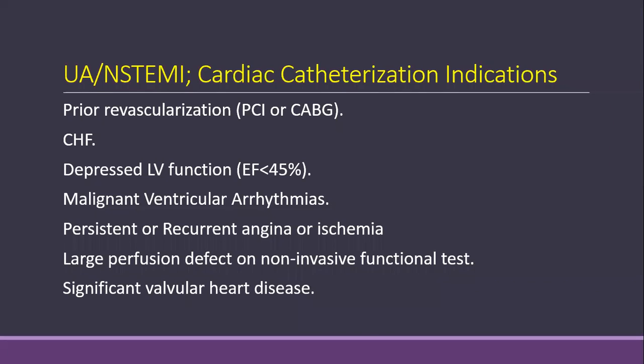Any patient who has a previous history of coronary intervention, any patient who has a history of CABG, patients who have recurrent angina, patients who have symptoms of cardiac failure, any patient who has depressed LV function, any patient who has malignant ventricular arrhythmias that are not responding to conventional medical treatment, and recurrent angina, we talked about that, and any large defect on the perfusion scan, and sometimes patients who have significant valvular disease along with the ischemic disease.